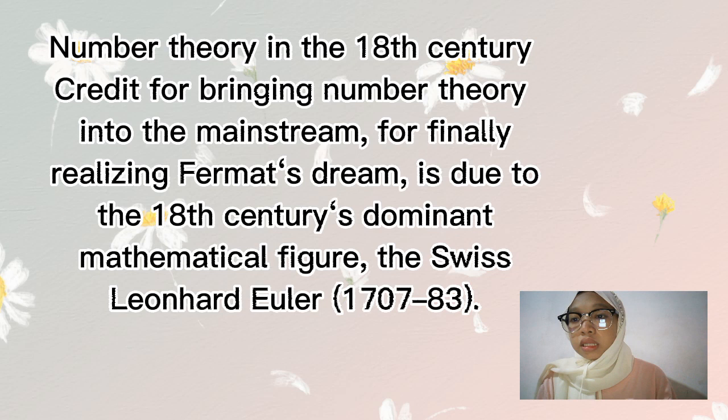In 1736, he proved Fermat's little theorem that is cited above. By mid-century, he had established Fermat's theorem that primes of the form 4k plus 1 can be uniquely expressed as a sum of two squares.